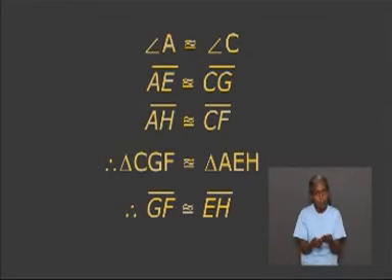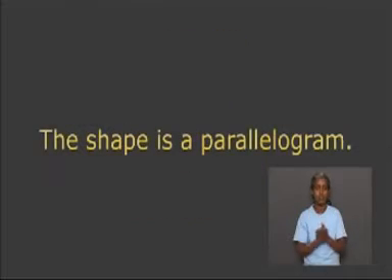Therefore, opposite sides of GHEF are congruent. It must be a parallelogram. You see, students, that we can prove the nature of a quadrilateral if we remember to apply the correct theorems.